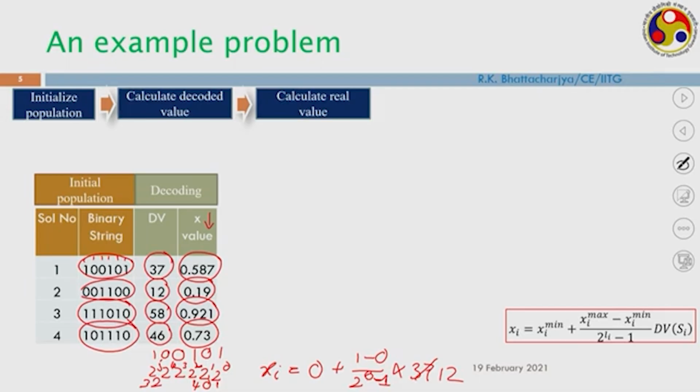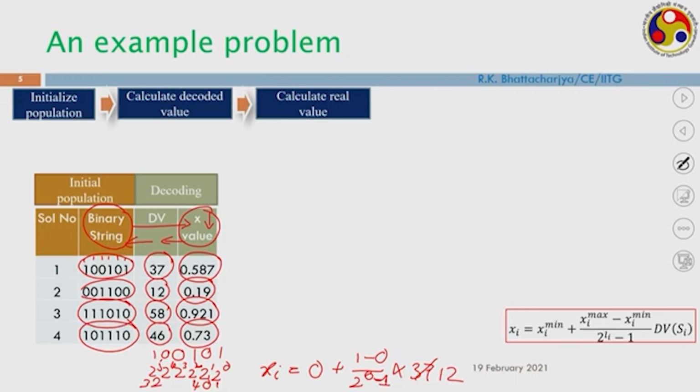So, you generate this randomly. What we did here is generate the binary string, then get the decoded value and then the x value. Otherwise, you generate the x value randomly, then the decoded value, and then you calculate the binary string.